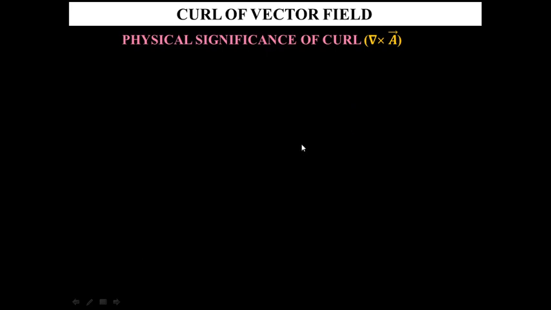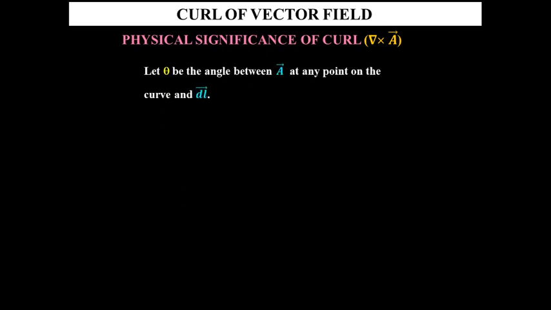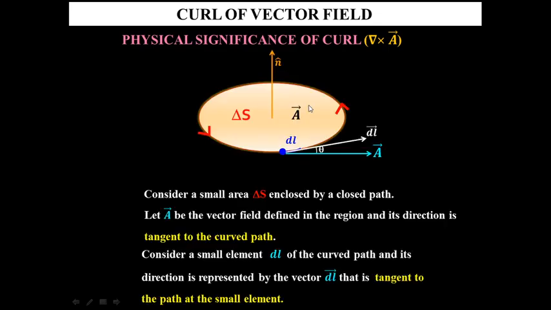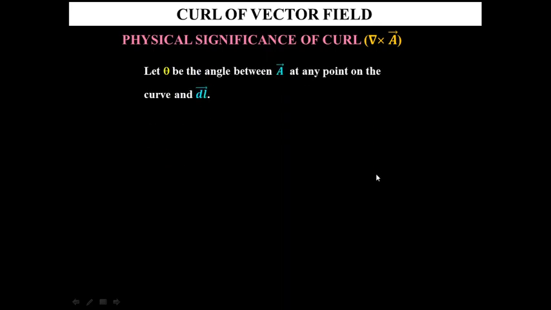Theta is the angle between vector A at any point on the curve and dl.